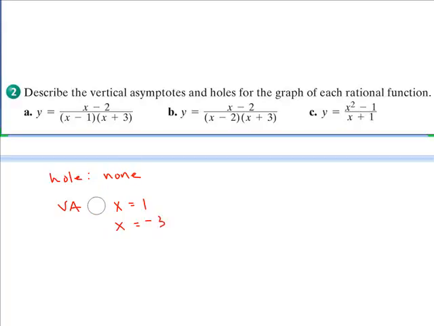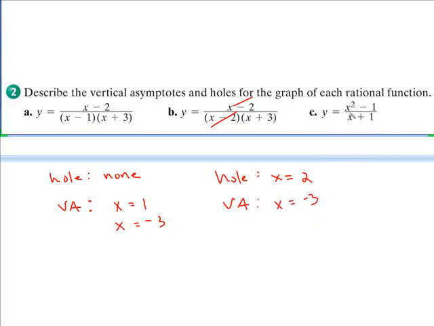I probably shouldn't put an equals on here. Let me just put vertical. There we go. Same thing over here. Looks like these cancel, so we have a hole at x is equal to 2, and then a vertical asymptote at x is equal to -3.